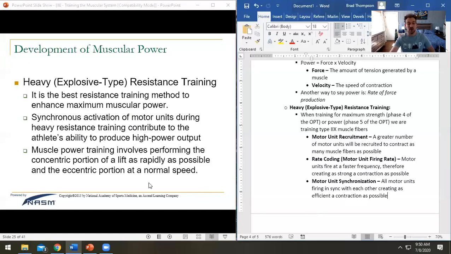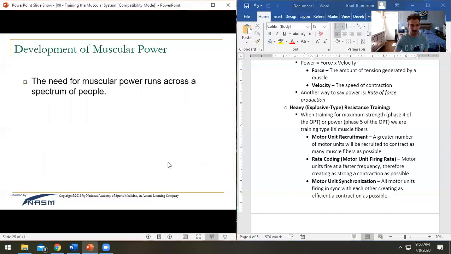Muscular power involves performing the concentric lift as rapidly as possible and the eccentric lift at normal speed. They're saying normal speed here, but a lot of times you'll see still pretty fast eccentric lifts. When you're doing a heavy lift, you are trying to perform it as explosively as possible.